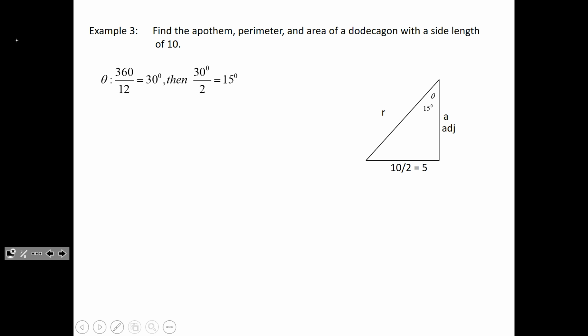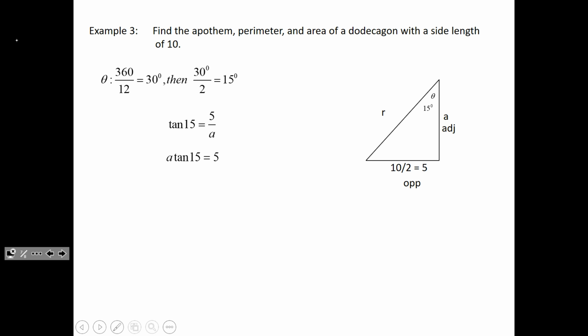So I'm looking for my adjacent side here. I know opposite. What am I going to use as my trig identity? Tangent. Right. Tangent equals opposite over adjacent. So tangent of my 15-degree angle equals opposite, which is 5, over adjacent, which is our unknown A. How would I get A out of the bottom? Very good. So I have A times tangent of 15 equals 5.